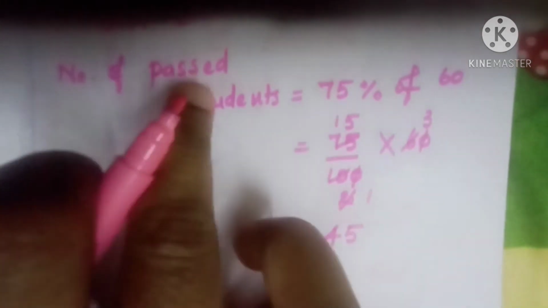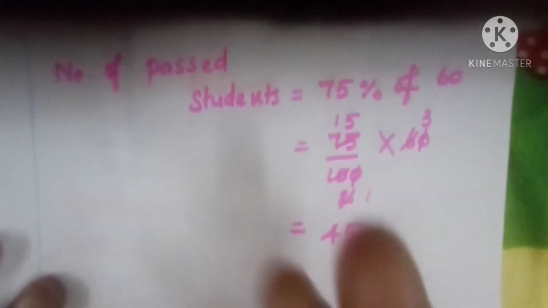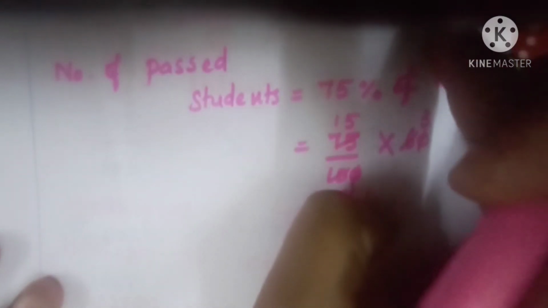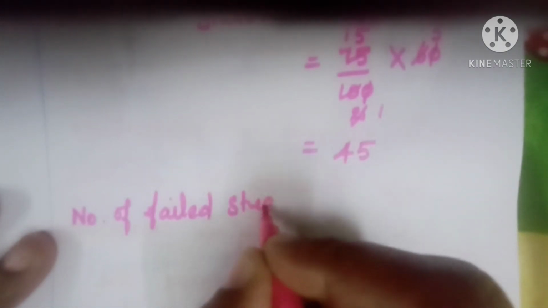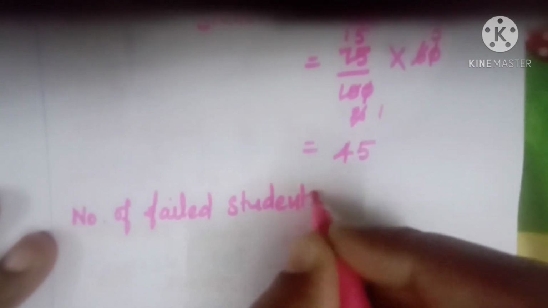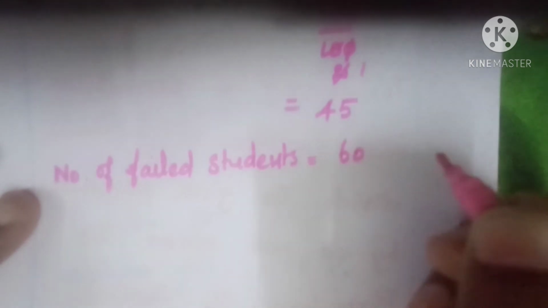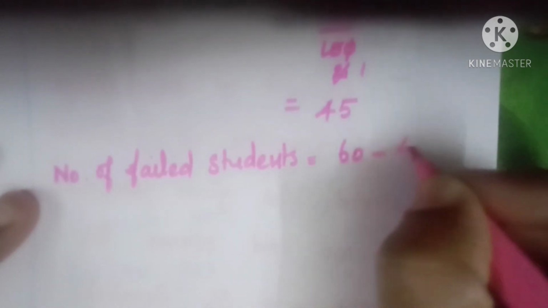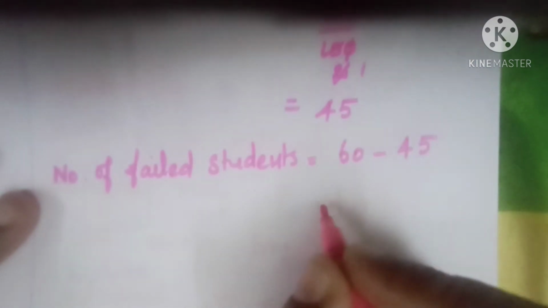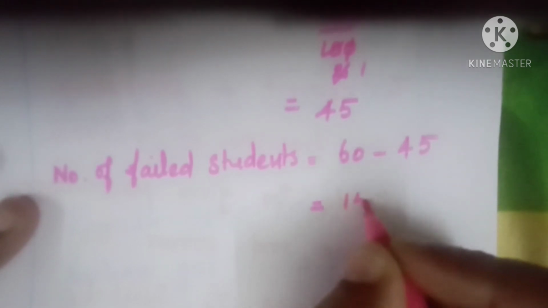So number of students passed is 45, total students in the class 60. So how many of them failed? So number of failed students is total students minus passed students. So 60 minus 45, we get 15.